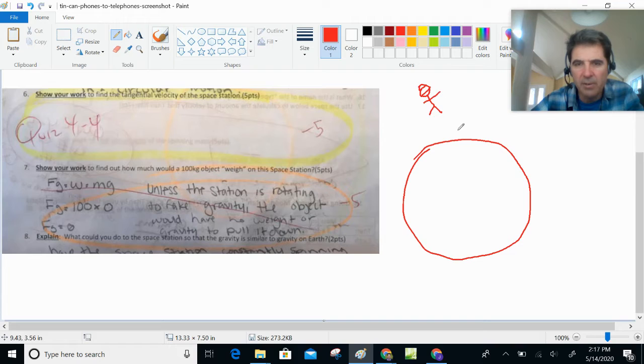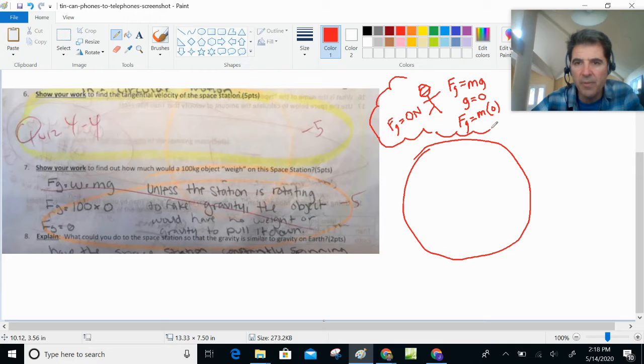Their force of gravity is equal to mass times gravity. Since gravity is equal to 0 in space, the force of gravity would be their mass times 0. So their weight in space, their force of gravity, also known as weight, will be 0 newtons because they're floating.